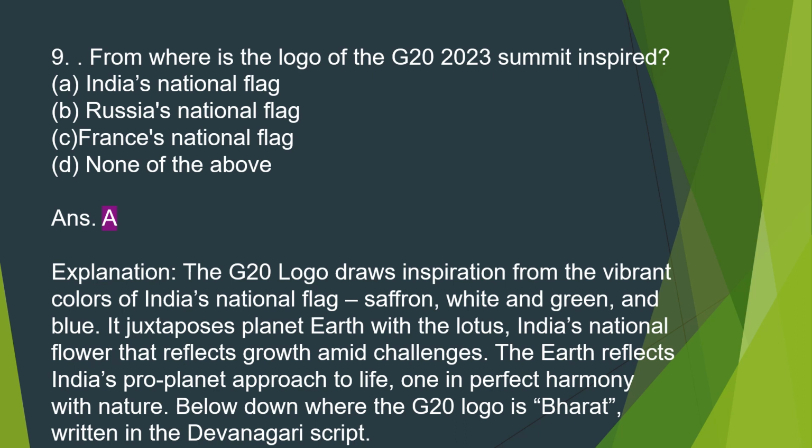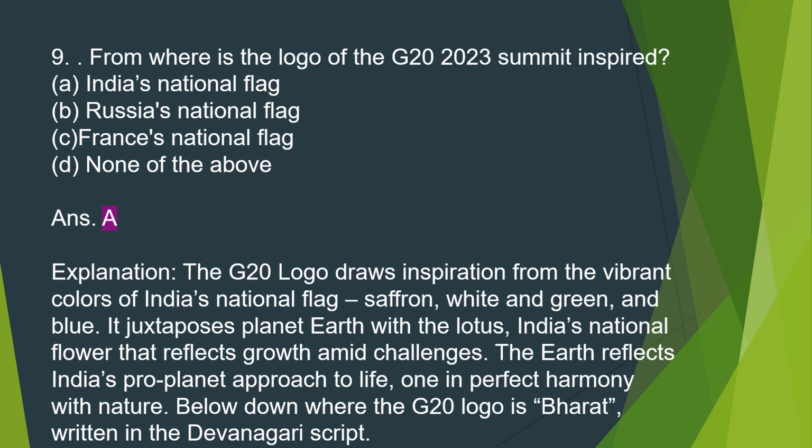The G20 logo draws inspiration from the vibrant colors of India's national flag, which are saffron, white, green, and blue. It juxtaposes planet Earth with the lotus, India's national flower that reflects growth amid challenges.